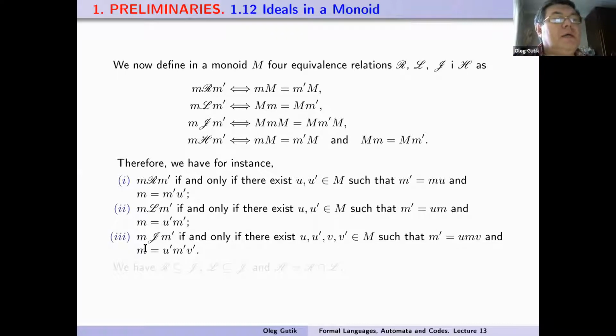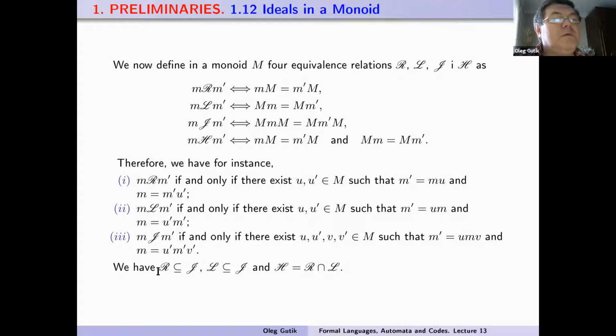Also, m is J-equivalent to m' if and only if there exist u, u', v, v' from the monoid M so that m' = umv and m = u'm'v'.